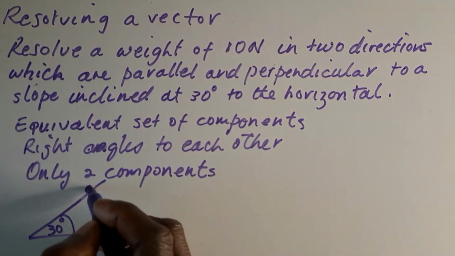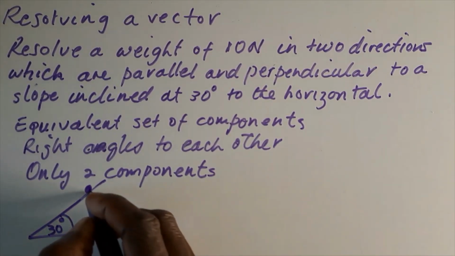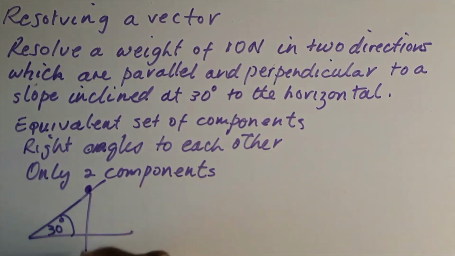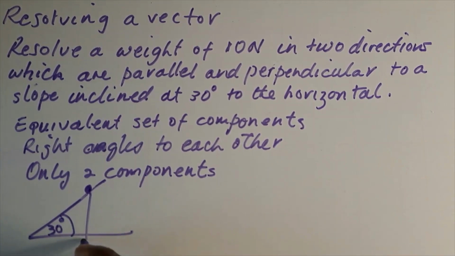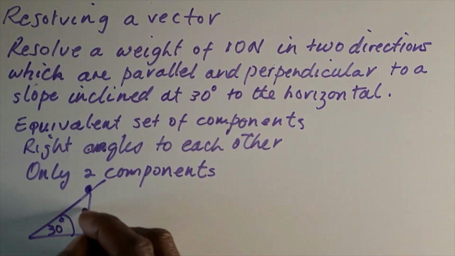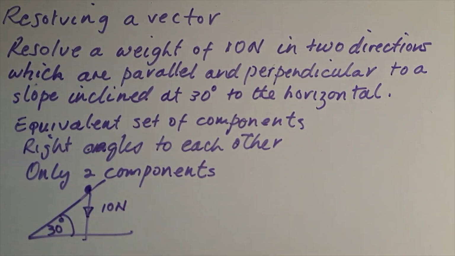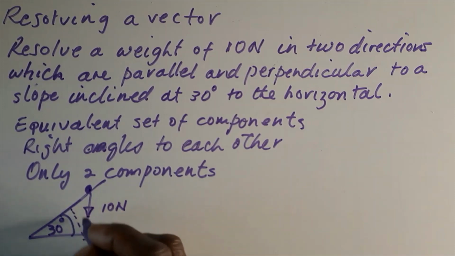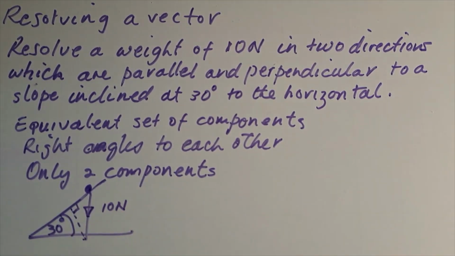So we'll let this represent the weight, acting down along here, 10 newtons. And we can just have our triangle outline there.